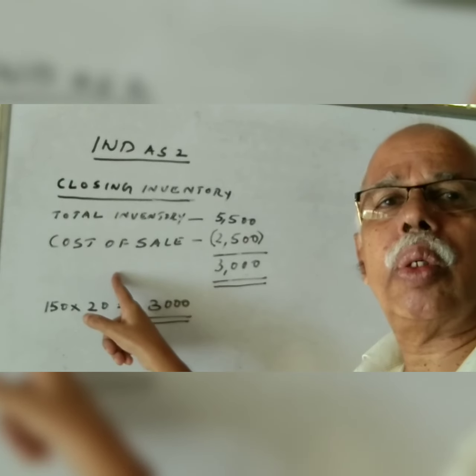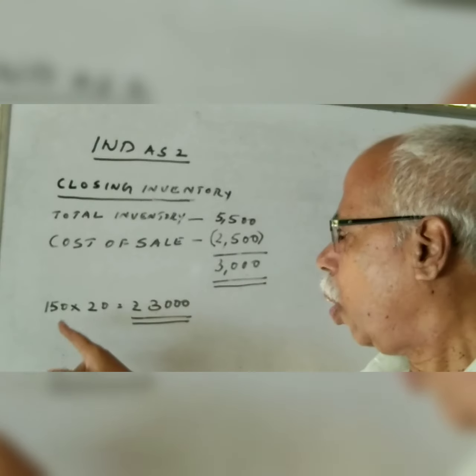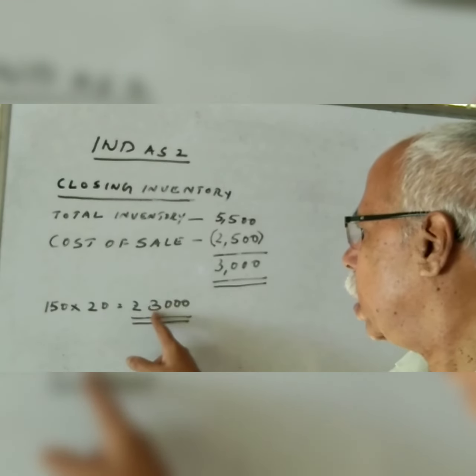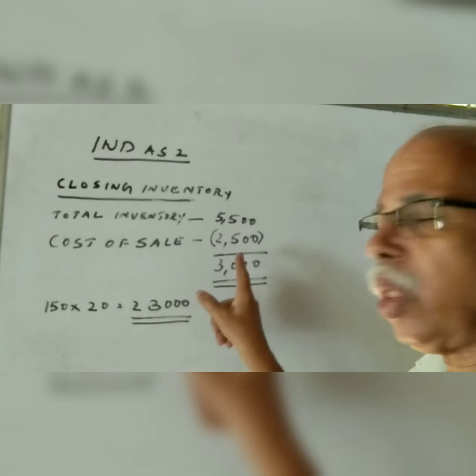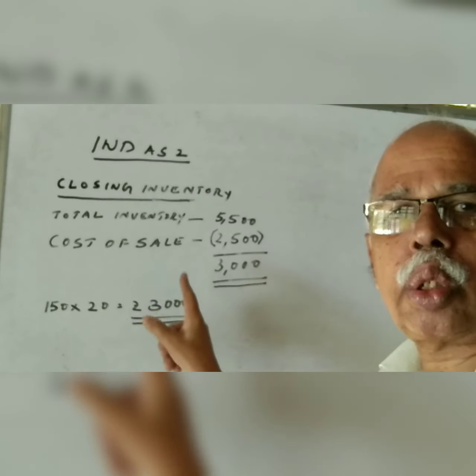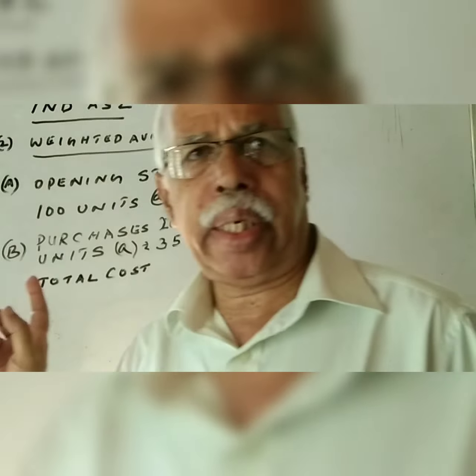So the remaining stock was 150 units. So the closing inventory is 150 into 20, which is equal to 3,000. Either of the two methods can be applied to calculate the cost of closing inventory.